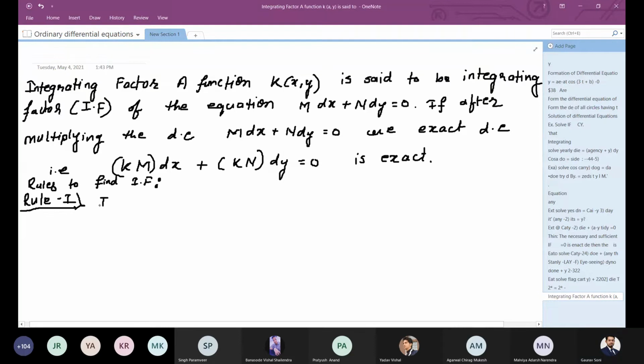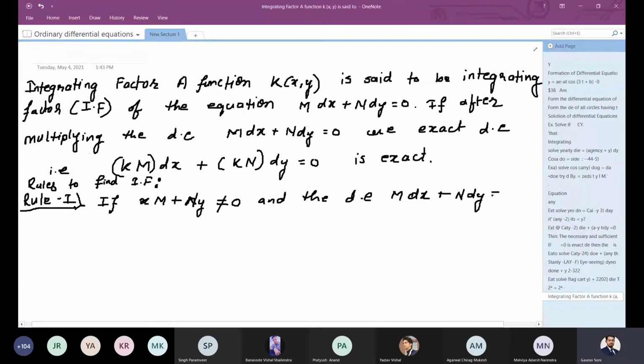So if Mx plus Ny is not equal to 0, and the differential equation M dx plus N dy equal to 0 is homogeneous, then the integrating factor is equal to 1 upon Mx plus Ny.